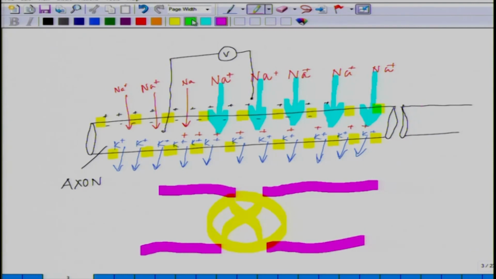For example, if this is outside and this is inside the cell, it binds to the sodium from inside the cell, and it binds to the potassium from outside the cell.